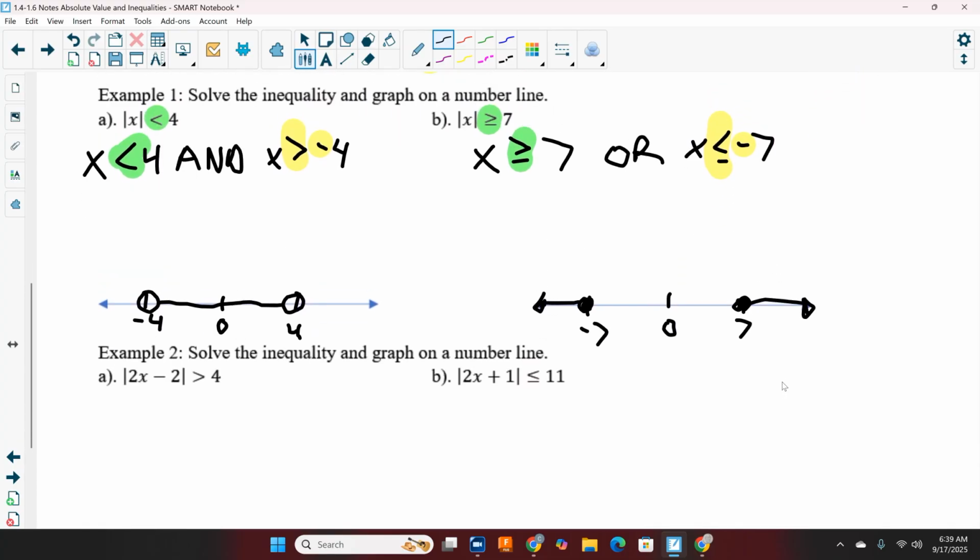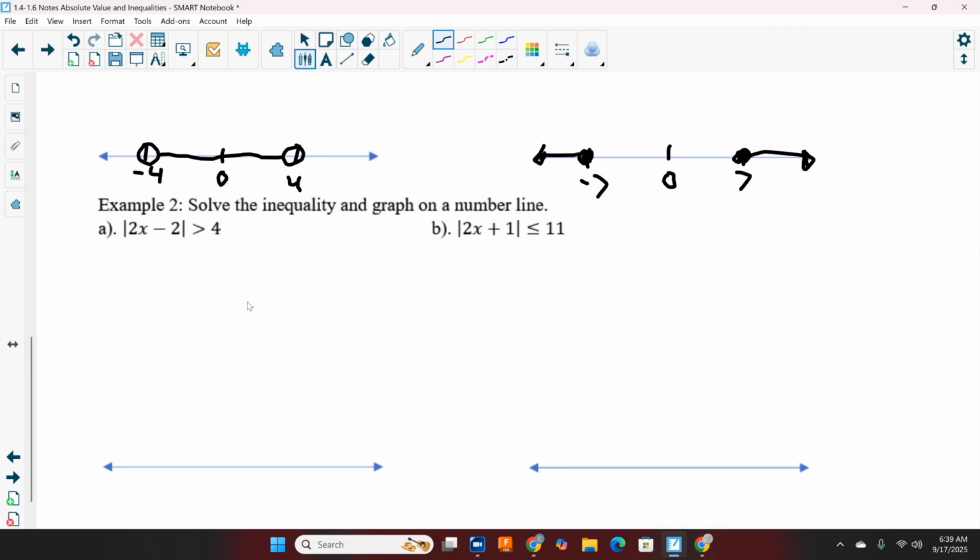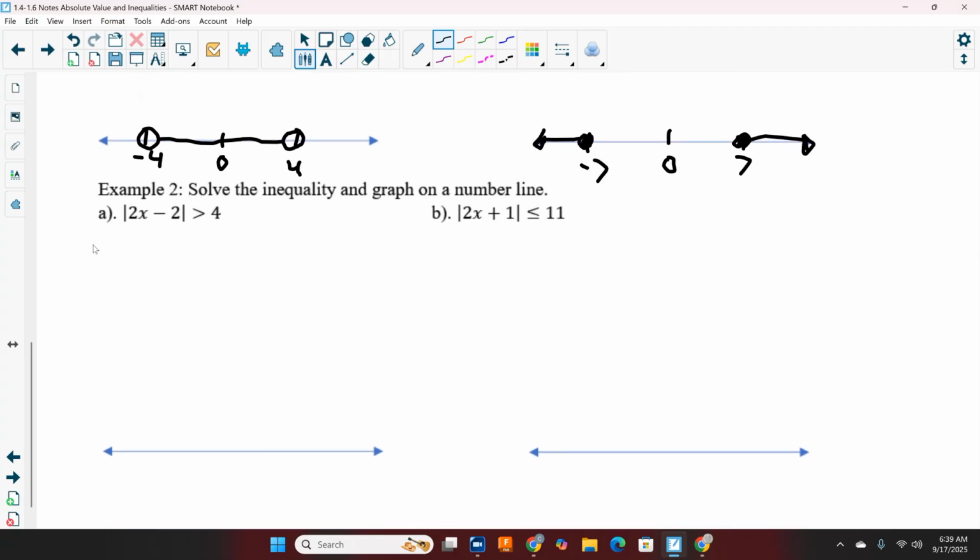Okay, all right, so what if you got other things there? No different. You're going to have two inequalities. 2x minus 2 is greater than 4. For the second one, 2x minus 2, flip the sign of the inequality symbol, flip the sign of the number.